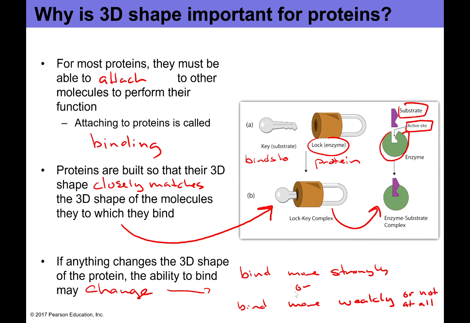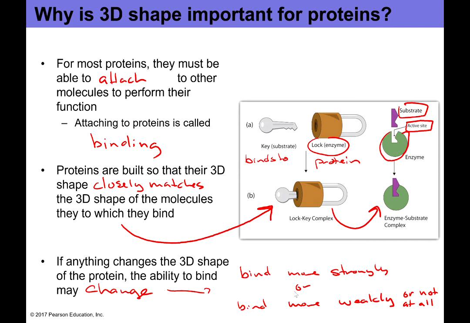Or on the flip side, there's a South African variant that has a mutation that causes antibodies to bind more poorly. It changes the place that the antibodies attach to on the virus, so that the antibodies can't bind as well. It makes those antibodies less effective. So both of these things are possible.